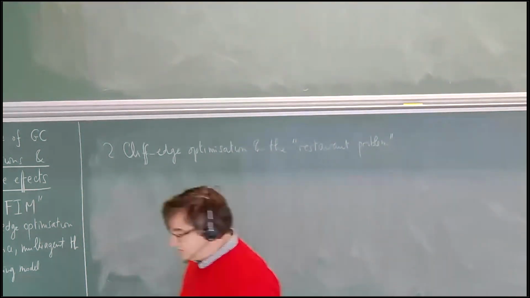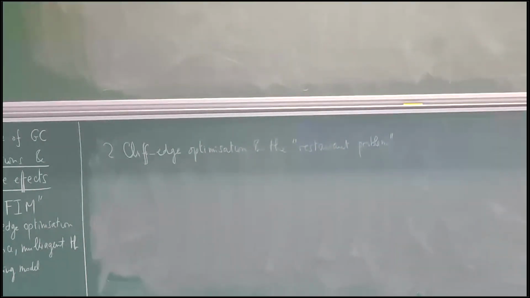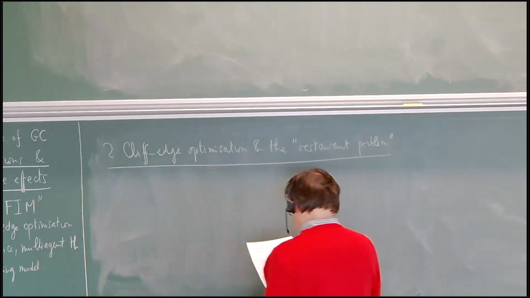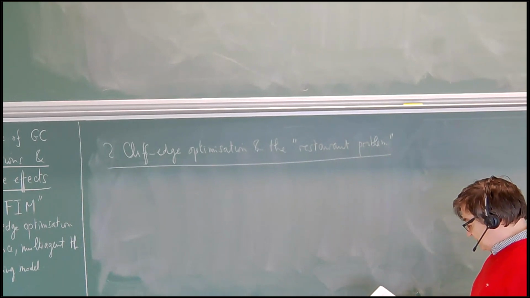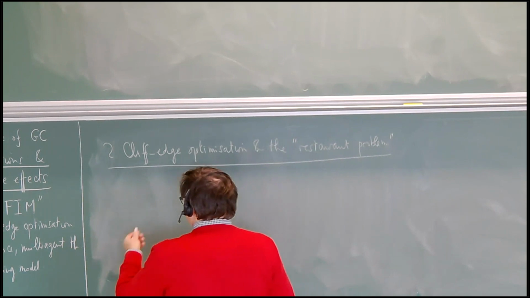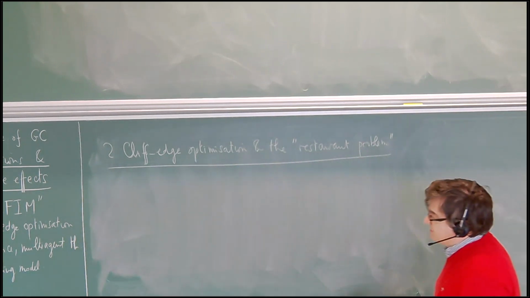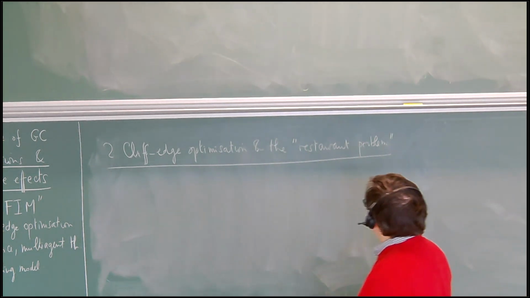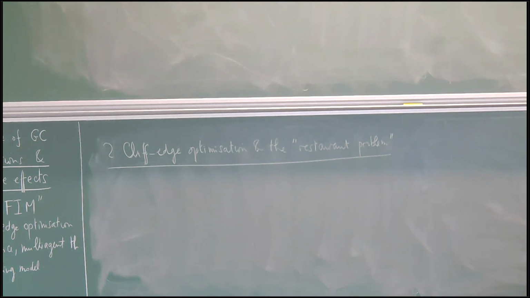I'm calling it the restaurant problem because instead of speaking about these models in abstracto, I want to give some flesh to the story. Okay, so I'm going to assume that there is a restaurant which maybe just started, and the restaurant owner will have to think about pricing his menu, having in mind, or maybe forgetting, that social effects are very important for the better or for the worse.